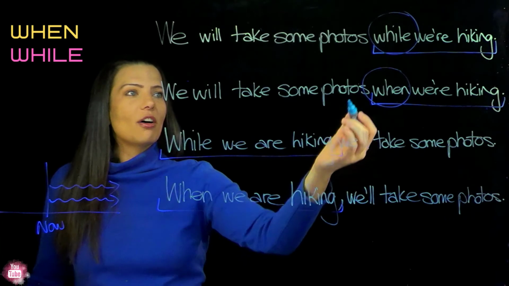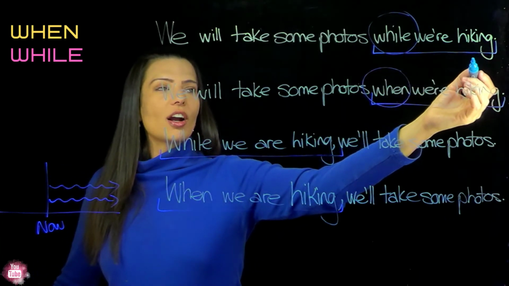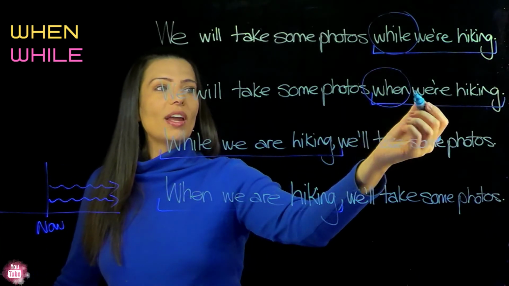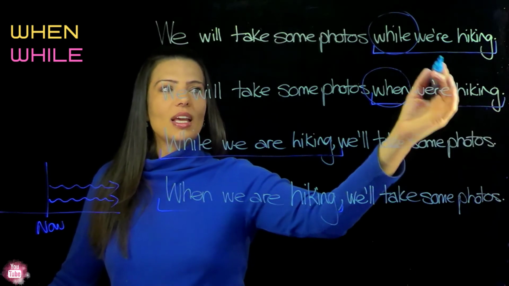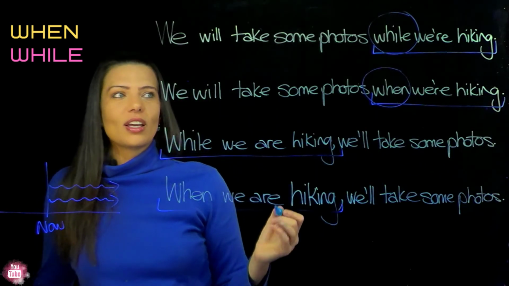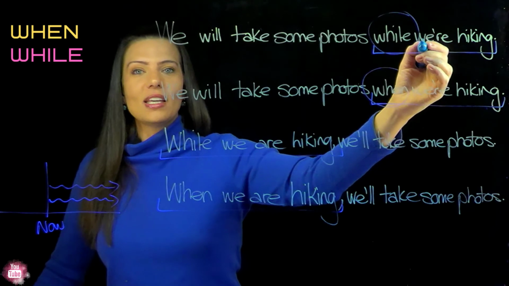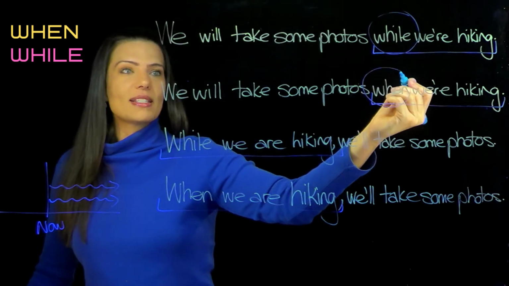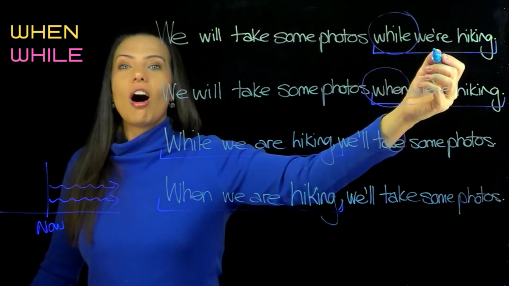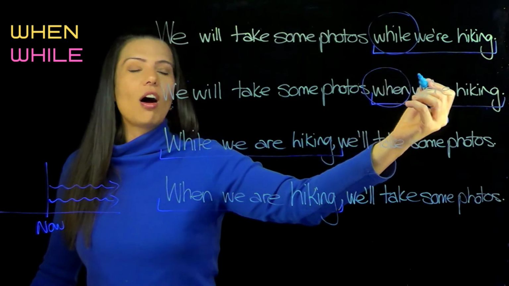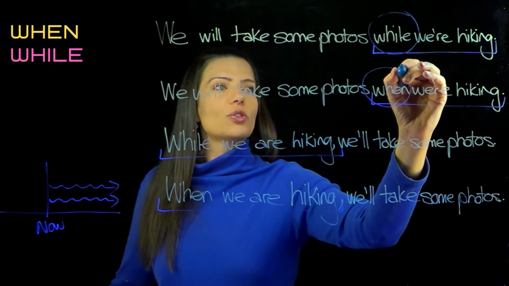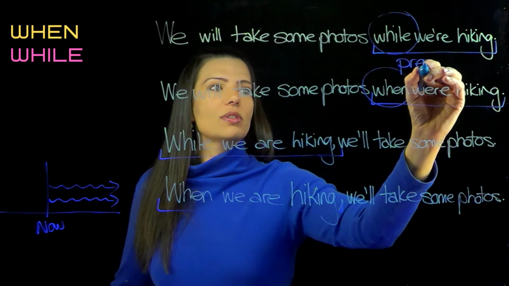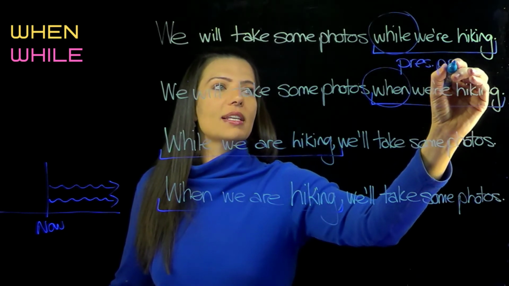So here we have while we are hiking, when we are hiking. Now, what verb tense is this? Here we have the present progressive. While we are hiking, when we are hiking. Okay, so both of these cases use the present progressive.